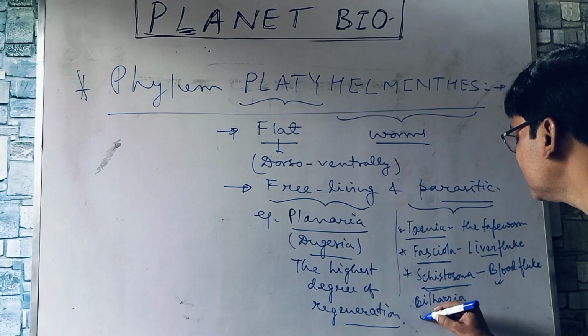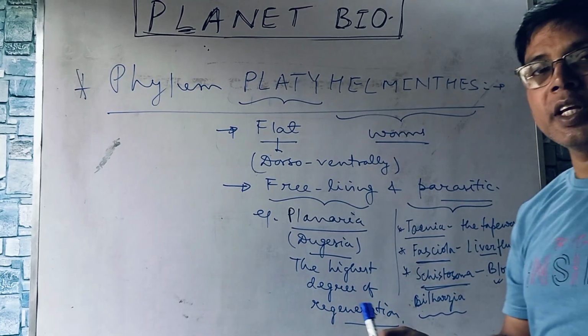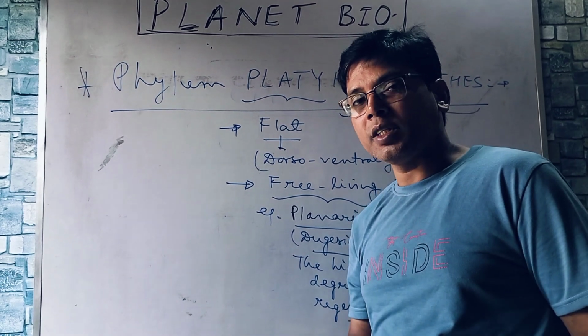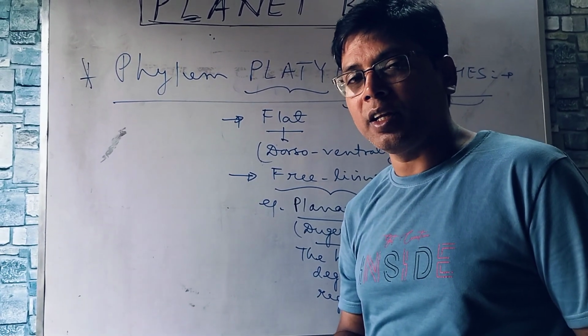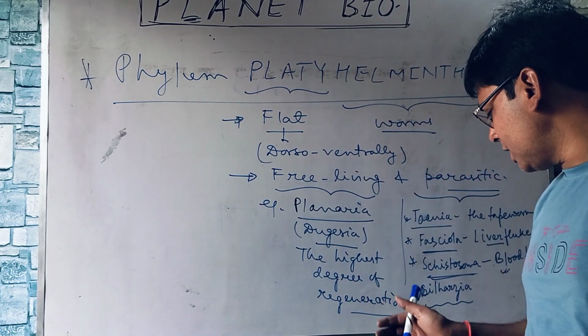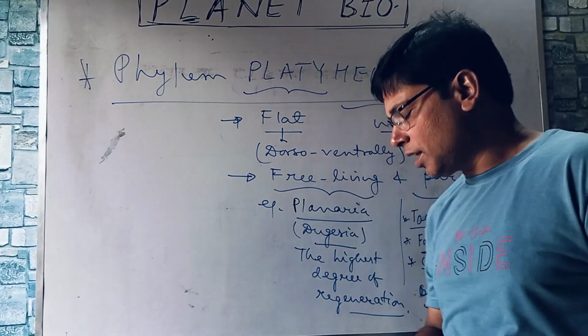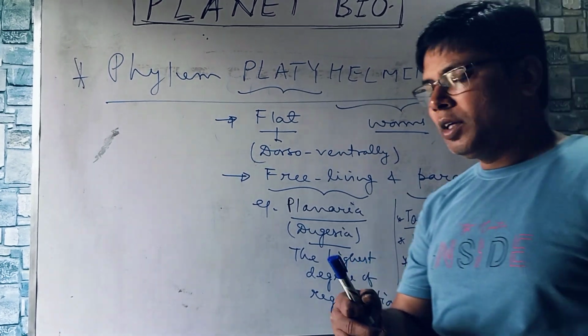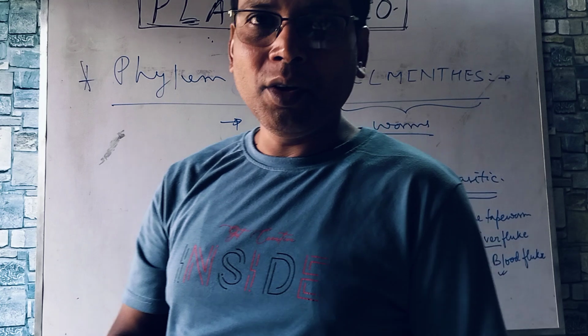Sometimes you don't solve the exam questions and you become disheartened, or you say dil har gaya. So similarly bilharzia. So bilharzia is another name for Schistosoma, the blood fluke, and Fasciola, the liver fluke. So tapeworms and flukes are included here.